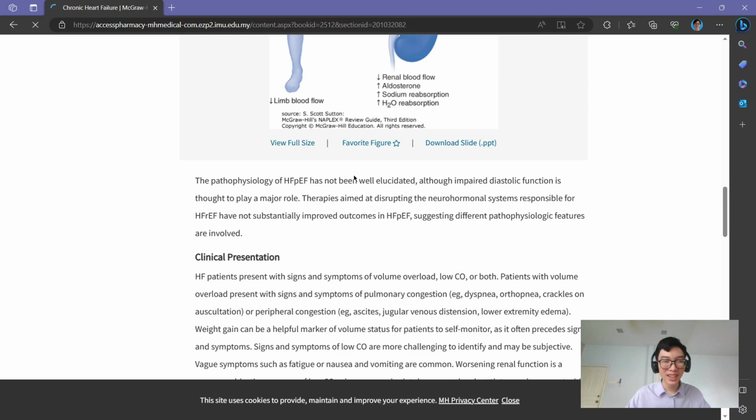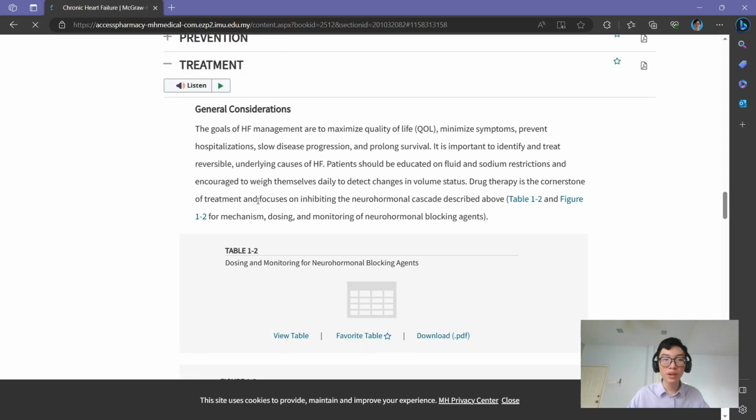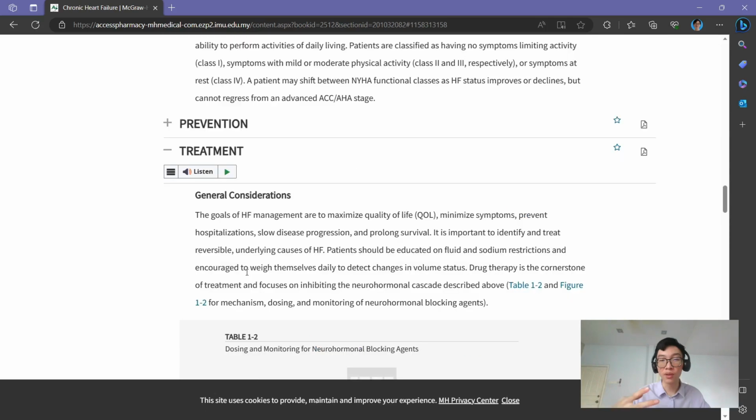The next part, I think the most important part for pharmacy, is the treatment. It gives you the table for the dosing. You can view the table. It's very important for pharmacists to learn from here what kind of treatments they have, and what considerations they need before they give the treatment to patients.